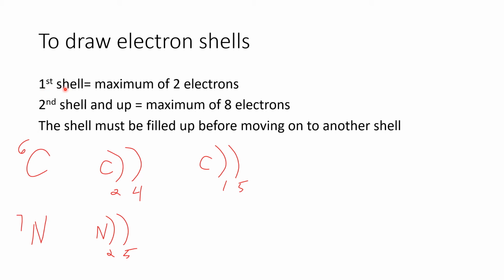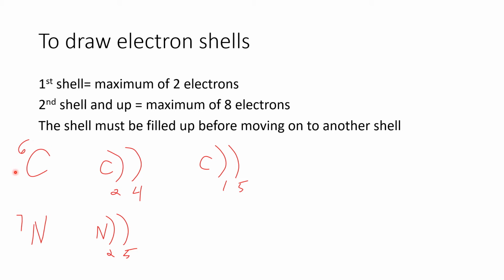The first rule says the first electron shell can be filled with a maximum of 2 electrons. The second rule says the second shell and up, so the second shell, third shell, fourth shell, etc., can be filled with a maximum of 8 electrons. And the third rule says that if you are going to draw several shells, you have to fill up the previous shells completely before moving on to a new shell.